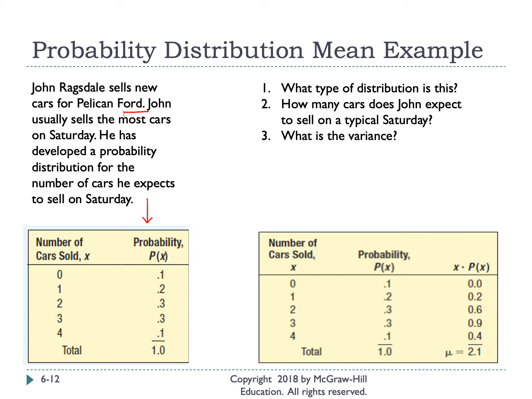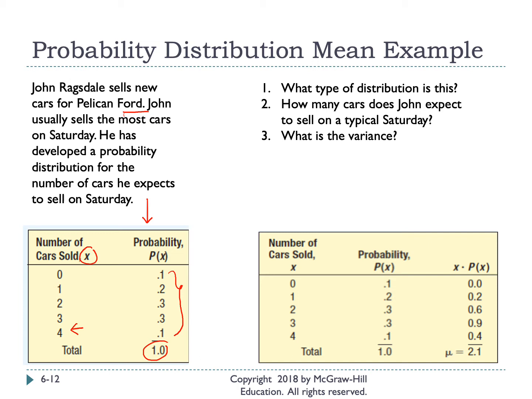You can see here the number of cars sold, which is represented by X. Sometimes he sells no car, and sometimes he can sell 4 cars. He has also computed the probability of cars sold, and you know that the total of these probabilities will give you 1. You call it exhaustive. This is one of the characteristics of a probability distribution.